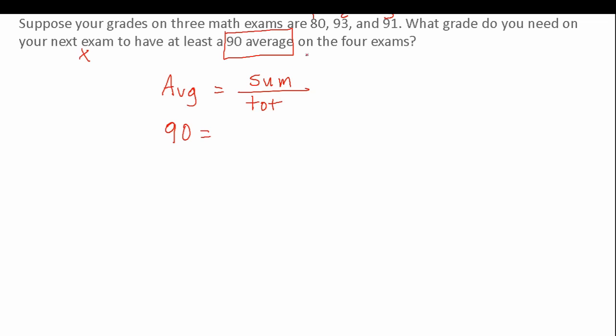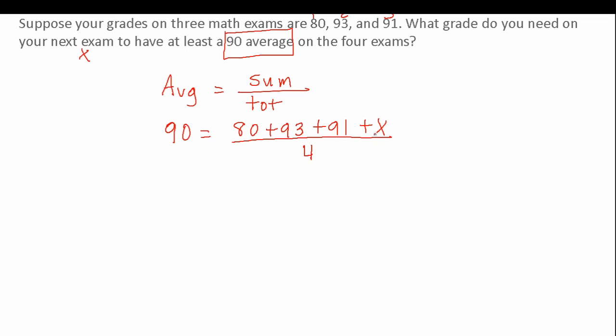Similarly, we know all of our data points. We have 80 plus 93 plus 91 plus the unknown data point, which we represented as x, over how many data points there are. There are 1, 2, 3, 4, including the unknown 1. So at this point, we've set this problem up.